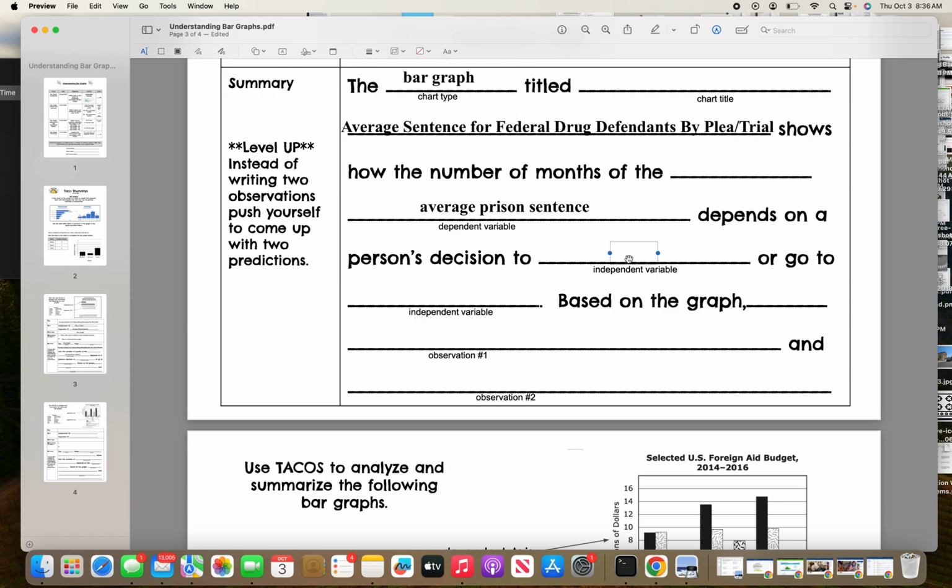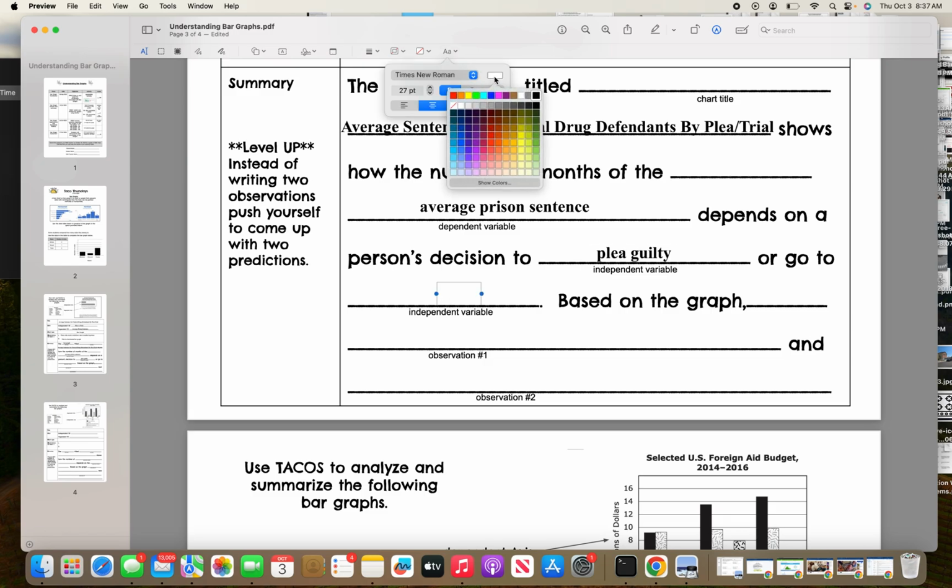How about our independent variable? We had two of them. One was the plea. Okay. And if we want to be more specific, plead guilty. All right. The plea. And the other was go to trial. All right.